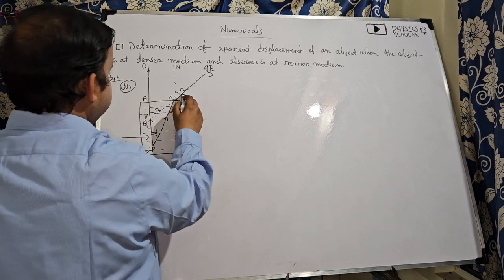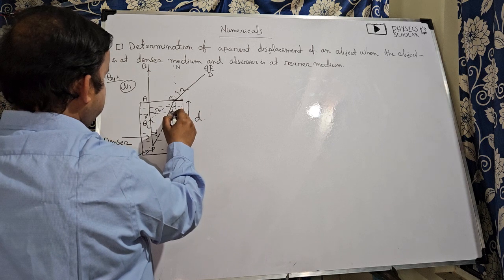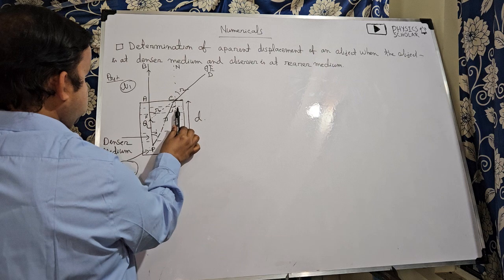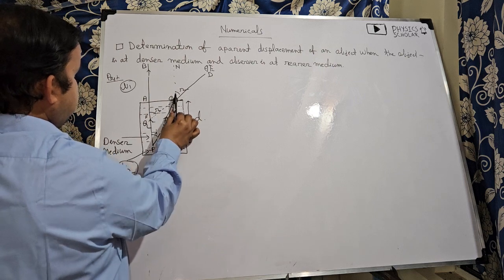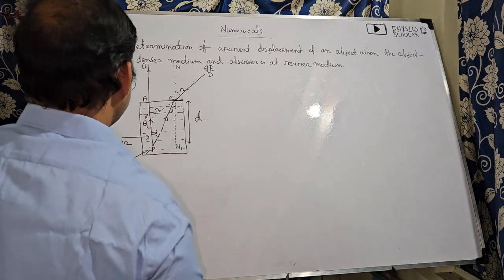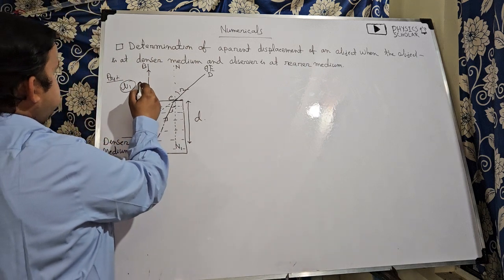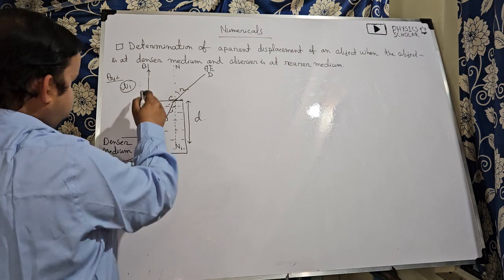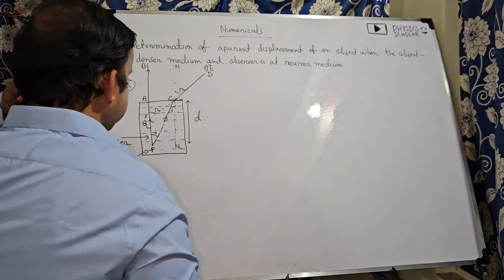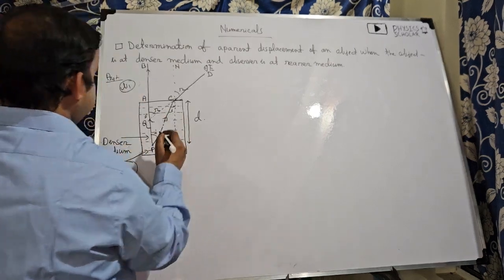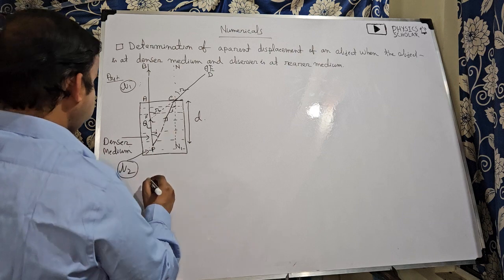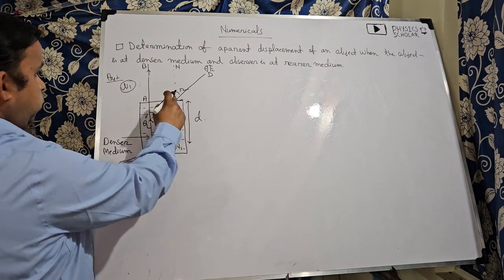So the angle of incidence is i, the angle of refraction is r, and these two lines are parallel to each other. Suppose the refractive index of the rarer medium is mu1 and the denser medium is mu2. Now, what can you write for these points?